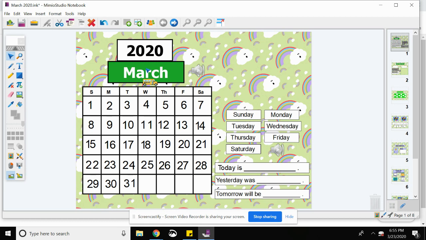So here we are, we're still in March. So we're going to go through our days until we get to today's date, which is the 24th. So ready, we're going to count there.